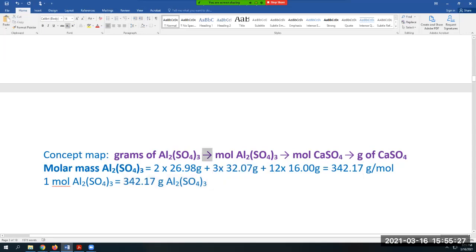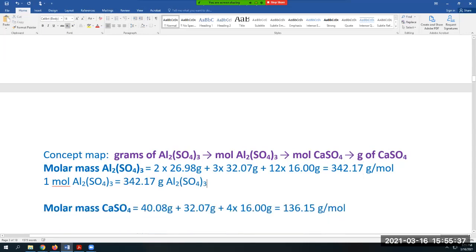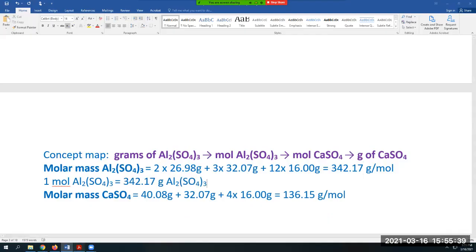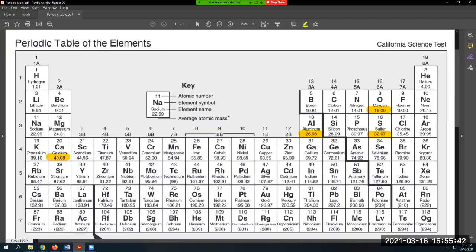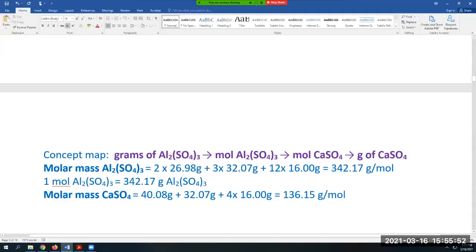So that will allow us to change the grams of aluminum sulfate to moles of aluminum sulfate. Let's find the molar mass for calcium sulfate. So calcium, let's find calcium in the periodic table here. We have calcium and it's 40.08. And then it's using also sulfur, 32.07, and oxygen, 16.00. So you do 1 time the molar mass of calcium, 40.08 grams. 1 time the molar mass of sulfur, 32.07 grams.